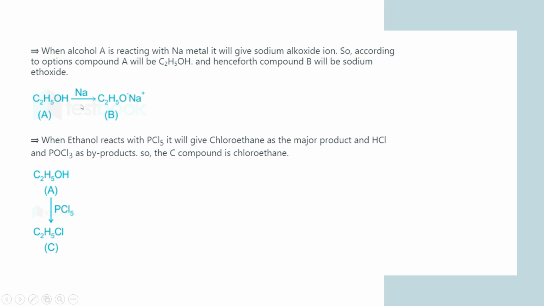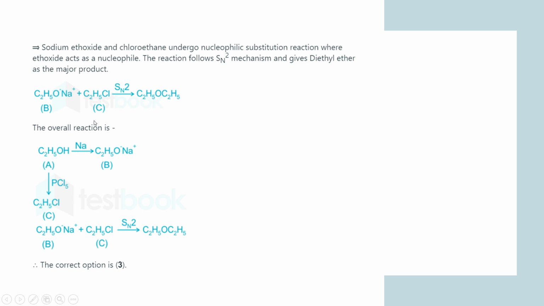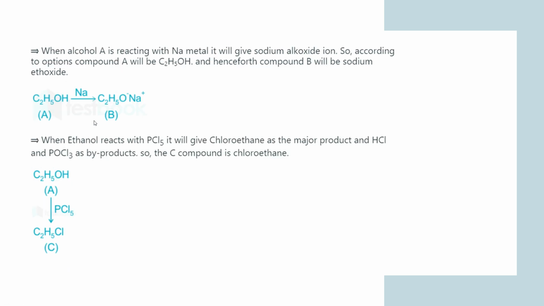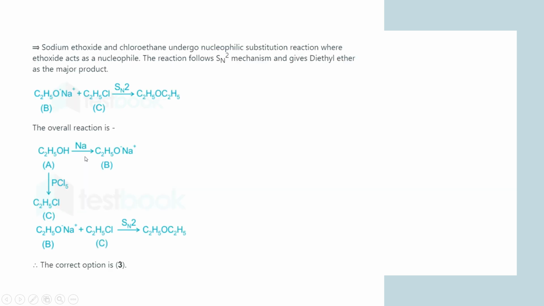And after that, in the second step, for the formation of C product, you react the alcohol with PCl5 to get the ethyl chloride or chloroethane. Okay, and here you can see the byproducts also, you get HCl and POCl3 as the byproducts here.